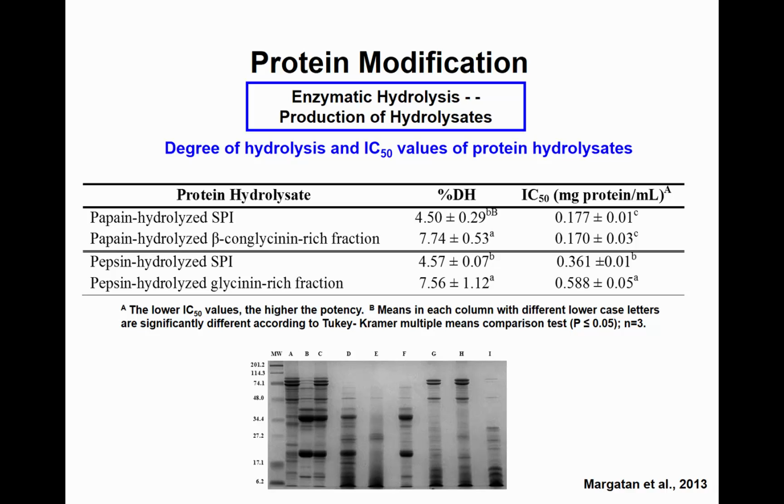So this proved that if we work with the specificity of the enzyme, we can eliminate additional steps that are not needed. We don't need to fractionate beta-conglycinin to get bioactive peptide. We can hydrolyze beta-conglycinin within a complex matrix and get the same results.